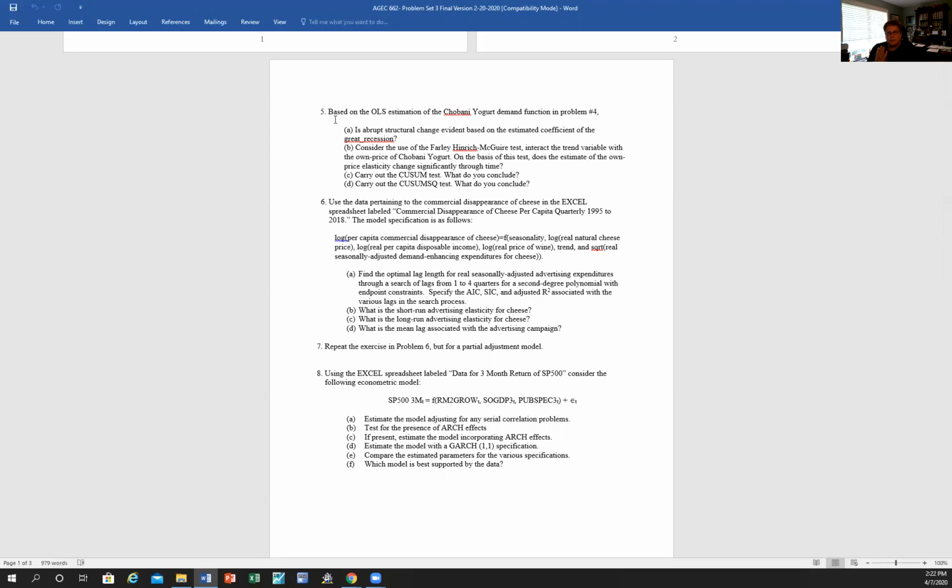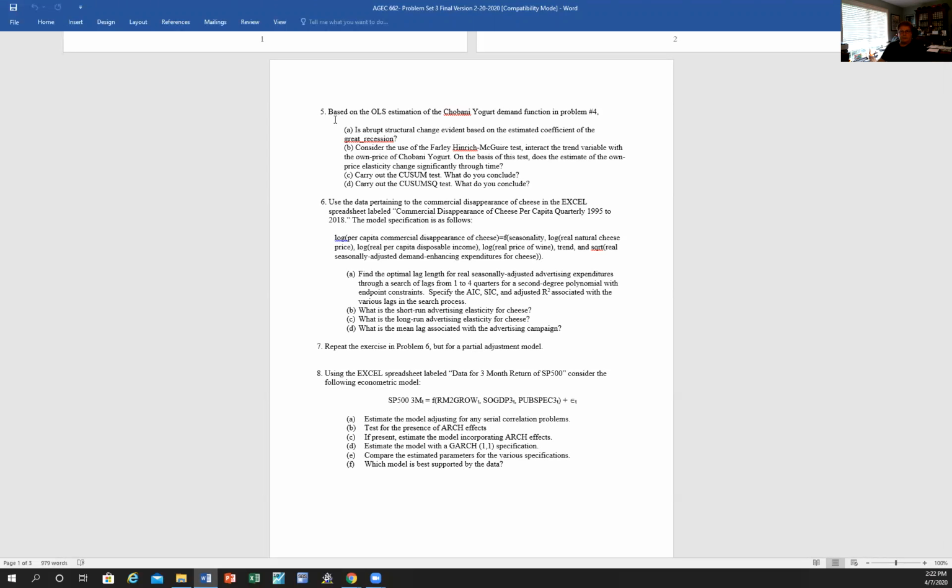A: is abrupt structural change evident based on the estimated coefficient of the Great Recession? Well, if we didn't have the variable Great Recession in the model, and we knew when the Great Recession occurred, we could have used the Chow test, because you're looking at abrupt structural change.